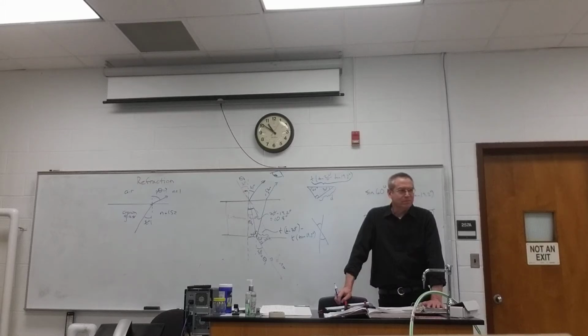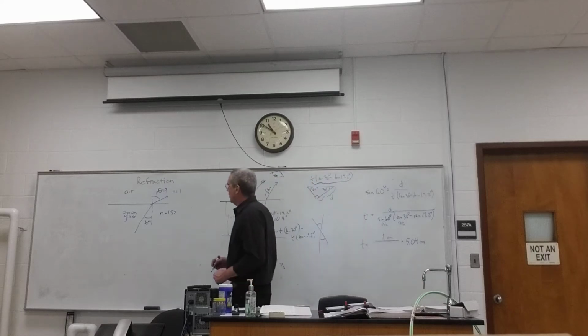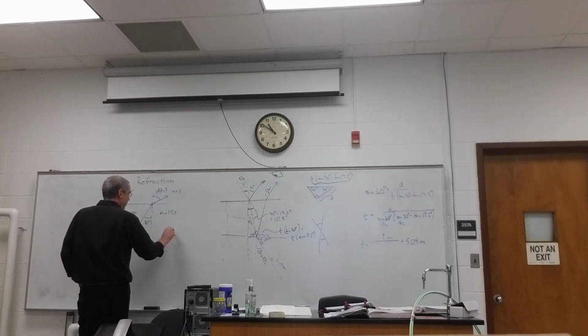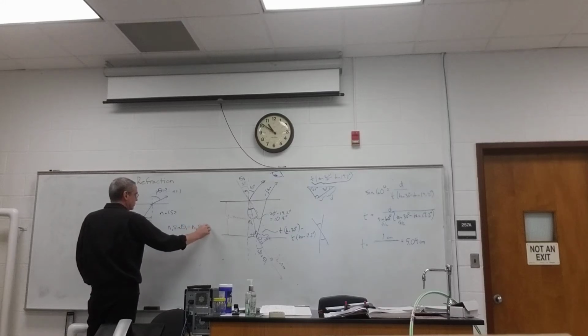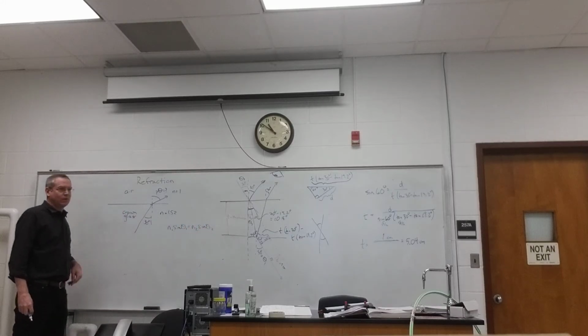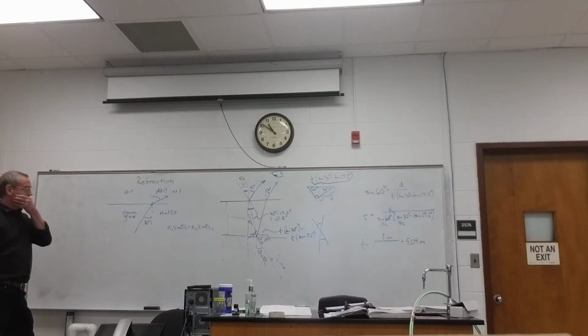We would set n1 sine theta 1 equal to n2 sine theta 2. All right, so there's our first start. n1 sine theta 1 equals n2 sine theta 2. What's n1? 1. What's theta 1? We don't know.